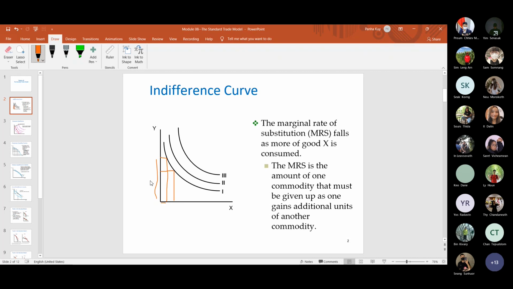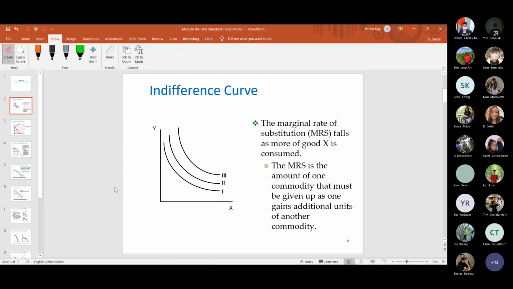So this is the meaning of the marginal rate of substitution. Why do we need to increase one and decrease another? Because you need to remember that your resources are limited, so you cannot consume everything as you wish. That's the meaning of these sentences that you have learned here.